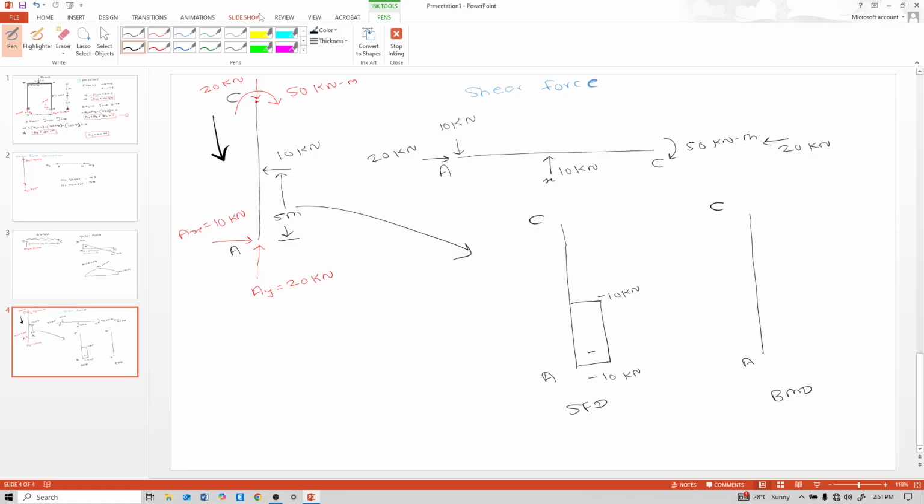That means positive 50 kilonewton meter. So here it is positive 50 kilonewton meter. Now calculate at this X point. So again it is only positive 50 kilonewton meter.